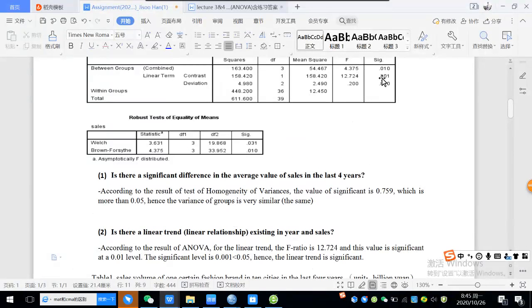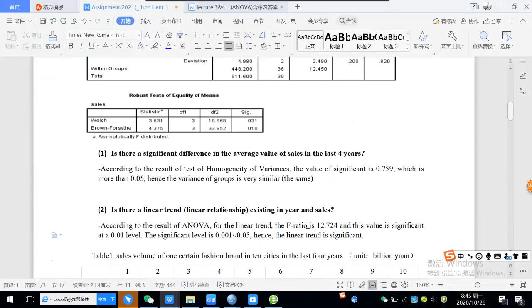Why? Because the significance is not less than 0.001. Here it's more than 0.001, so you should write the significance at the 0.01 level. That's correct. But at the 0.001 level, it's not significant because the significance is 0.001. Okay.